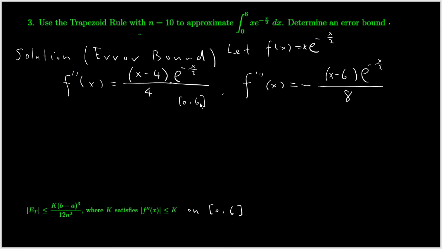So the absolute maximum and absolute minimum of this function must occur at one of the two endpoints, 0 or 6, or at a critical number of the function. A critical number of a function is a value of x where the triple derivative is equal to 0. But the triple derivative is equal to 0 at only x value of 6, because this factor is always positive.